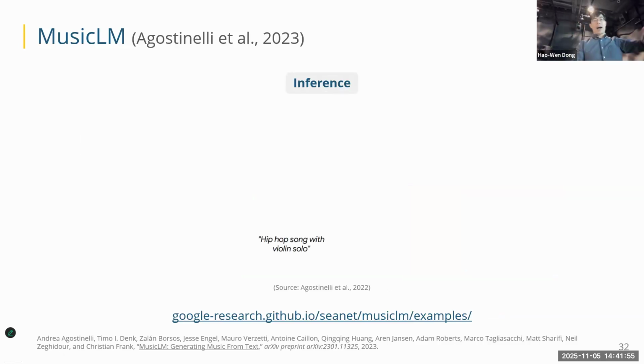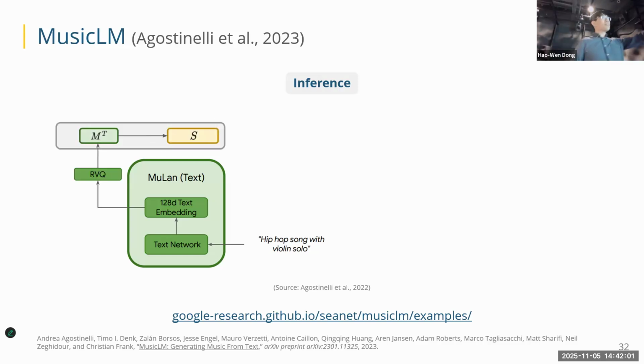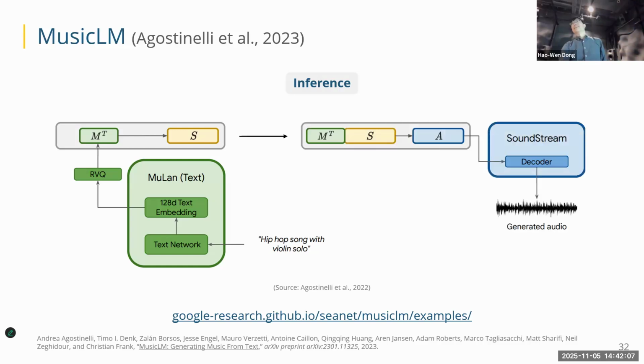That's essentially how MusicLM is trained. Now you grab the text, turn it into the same Mulan tokens, generate the semantic tokens because you know how to do it from training, and together combined, you get the final outputs. This is a very clever idea where you no longer need text music pairs at this stage once you have the Mulan trained.